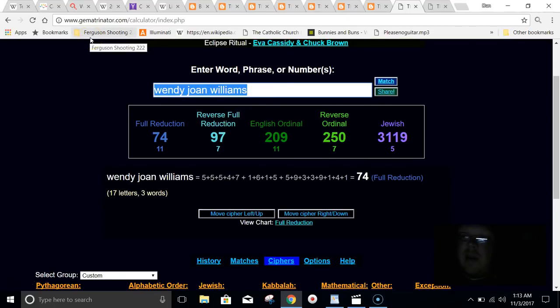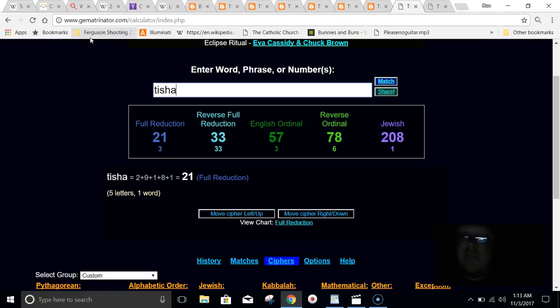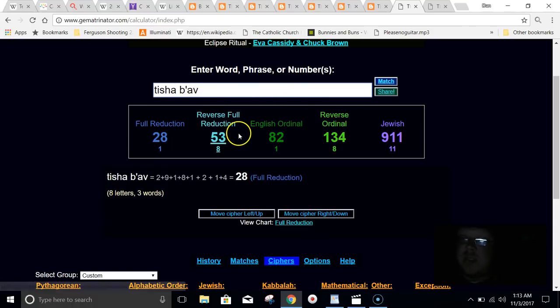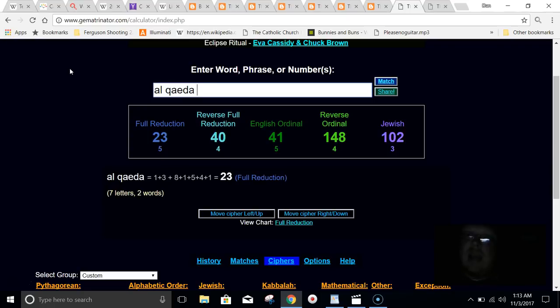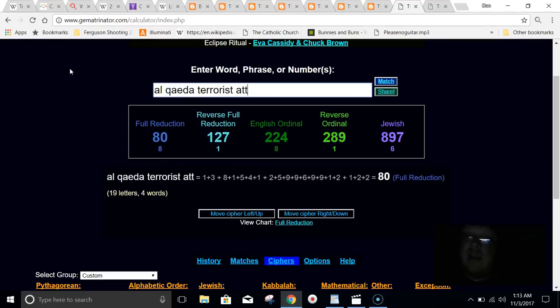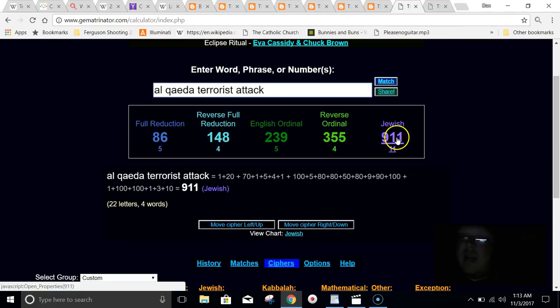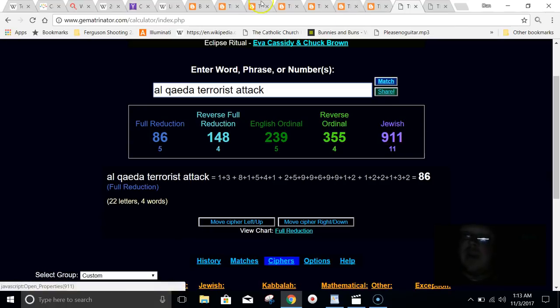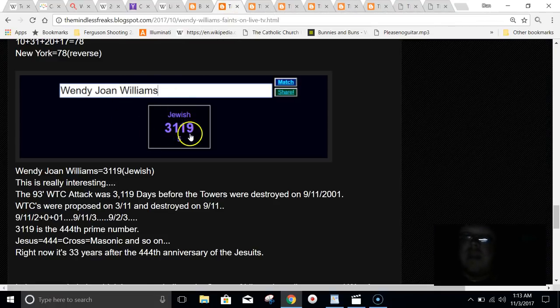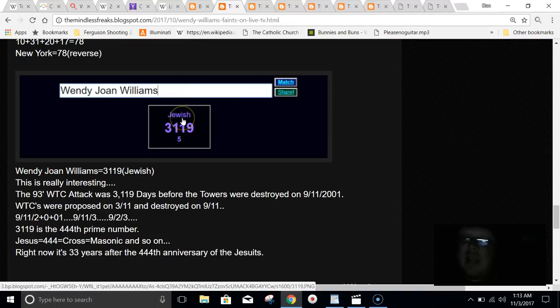They even have a fast day called Tisha B'Av that they celebrate, it's a fast day in regards to the destruction of the two temples. And look what that equals in Jewish gematria. 911, just like Al-Qaeda terrorist attack equals 911 in Jewish gematria. So her name equaling this, super significant.